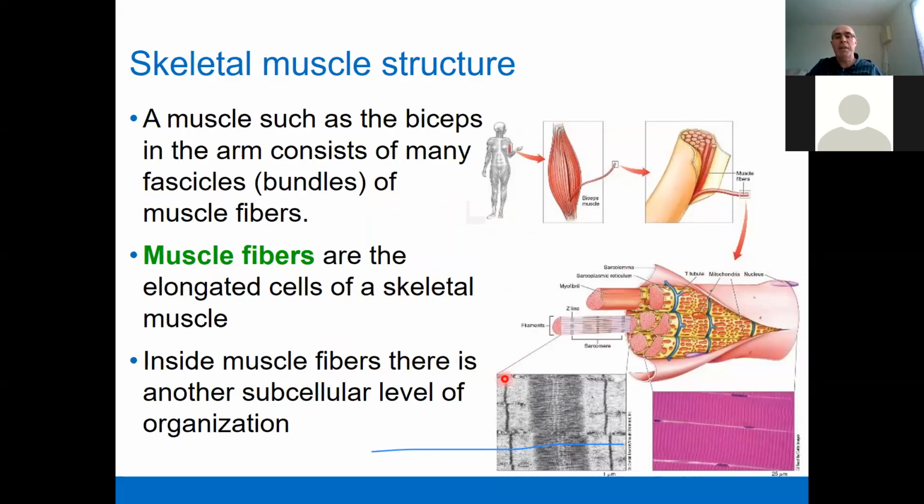Inside a muscle fiber, there is another subcellular level of organization. I will talk about that, but muscles are a bundle of muscle fibers, and muscle fibers consist of other structures, we will talk about them.